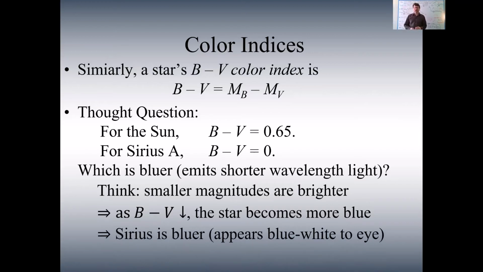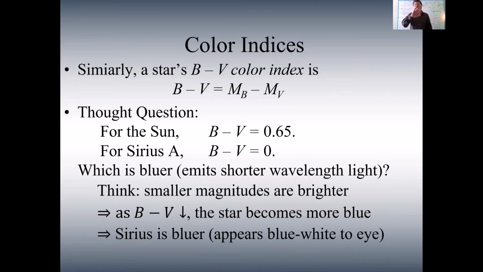these two objects. So in actuality, Sirius is blue-white to the eye. We'll discuss that a little bit more later, but to foreshadow, we're kind of near the peak of the spectrum if you're talking about the visible wavelength band, but there's certainly more light on the blue side than there is on the red side.